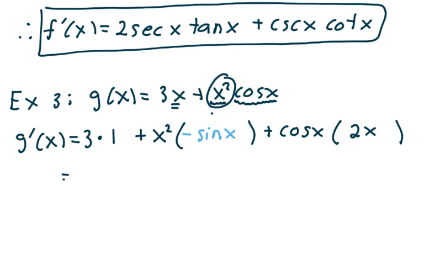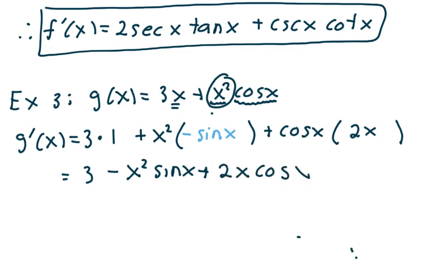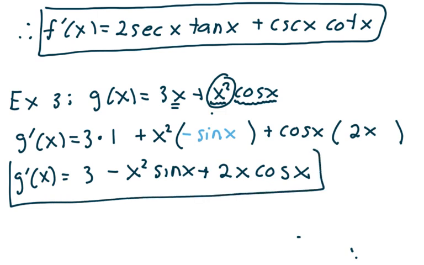And so when I go to simplify this, I get 3 minus x squared sine x plus 2x cosine x. And again, this is equal to g prime of x. And that would be how you do example 3. Let's take a look at example 4.